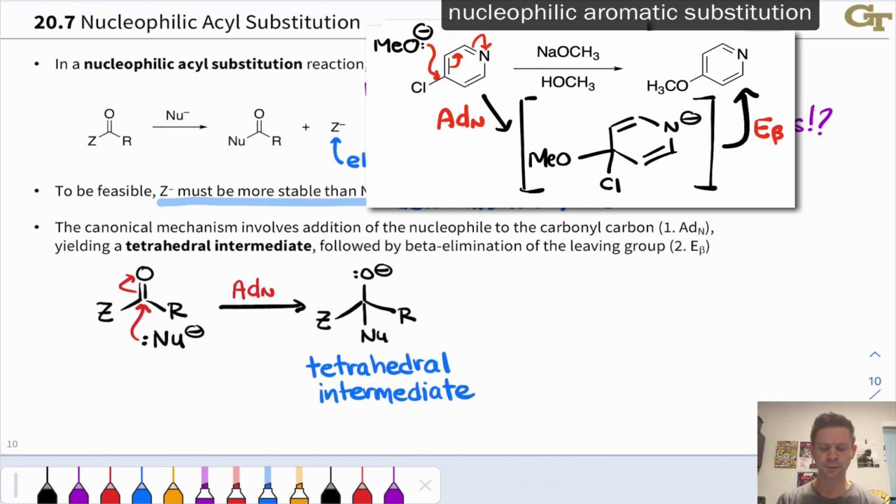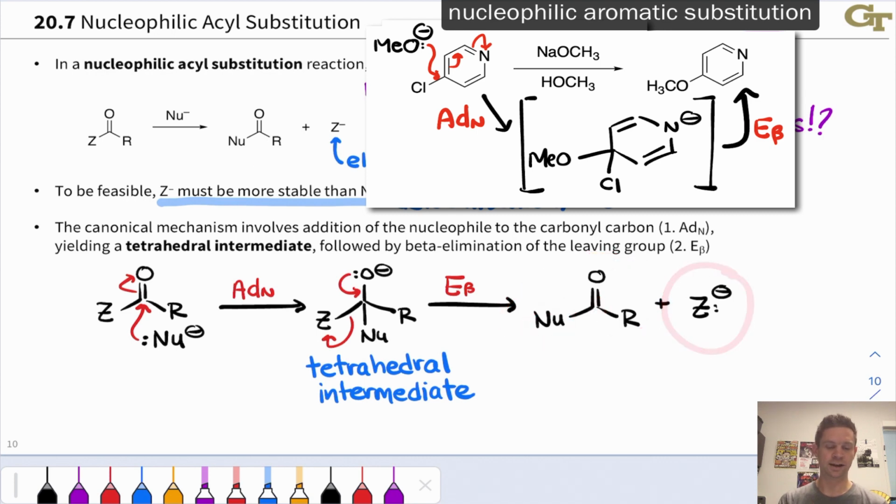This tetrahedral intermediate has O- adjacent to what is ultimately a good leaving group, or at least a better leaving group than O-, the Z group. And so beta elimination of Z- produces a new carboxylic acid derivative with the nucleophile now linked to the carbonyl carbon, and Z-. So we have made the product. So this is a two-step associative substitution mechanism with nucleophilic addition occurring first and beta elimination occurring second.